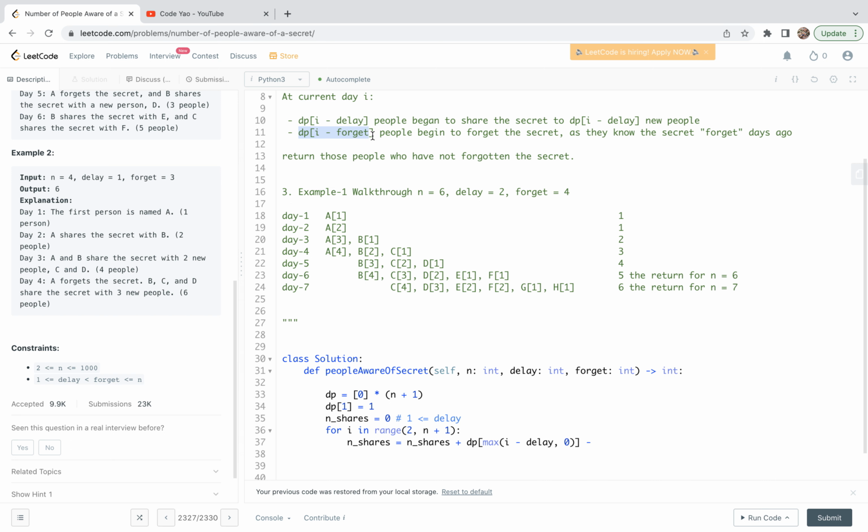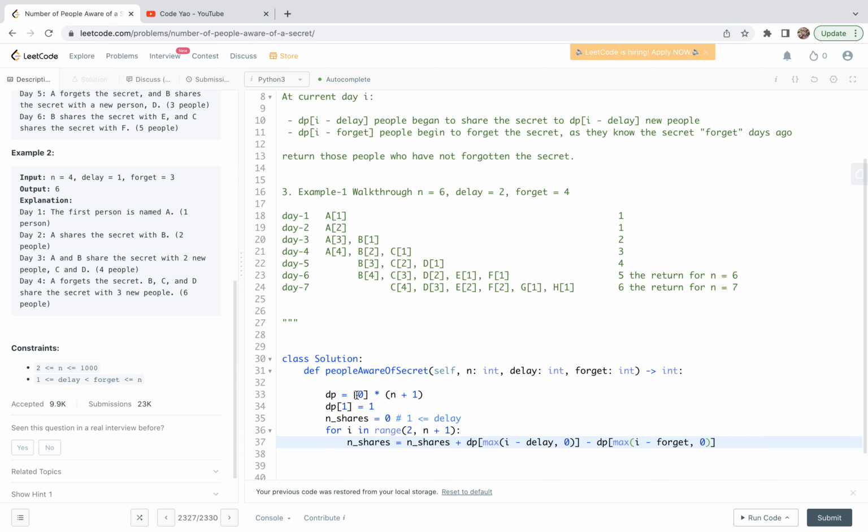Similarly for the decrement, because this will be dp i minus forget, the number of people who forget the secret. So we're going to subtract dp of i minus forget, but still i can be less than forget.